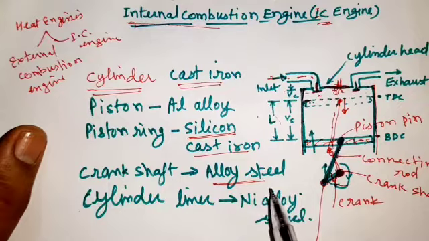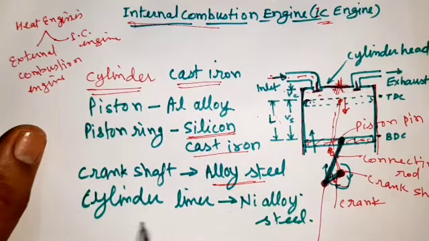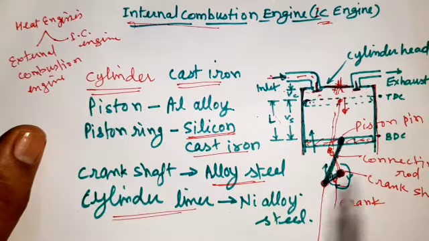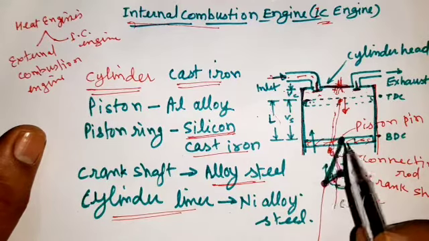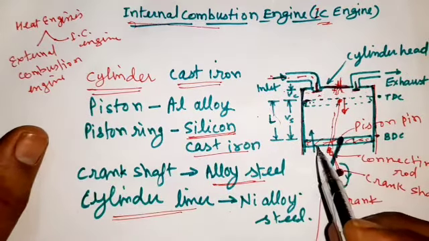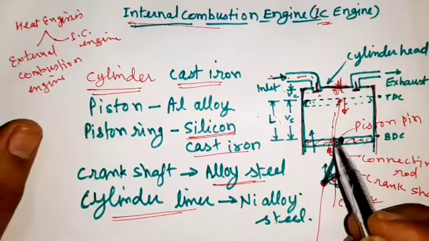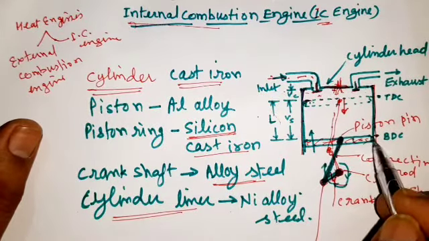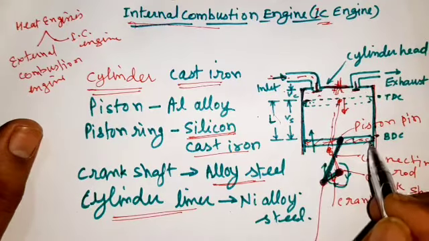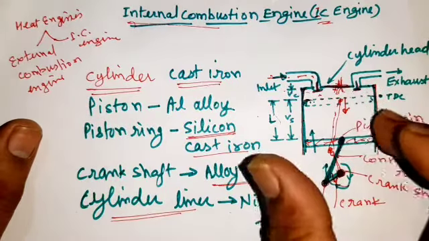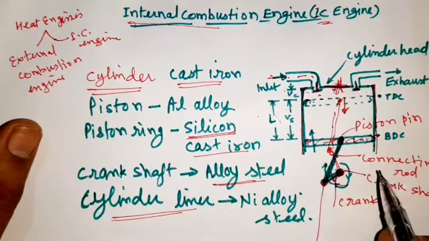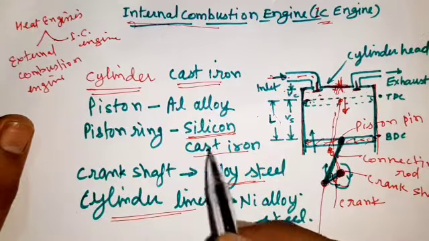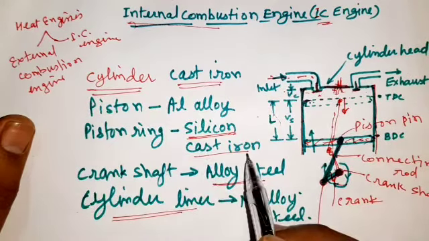And the cylinder liner. To reduce the losses from leakage, we provide piston rings between the piston and cylinder, or we can say to pack the gases, and these piston rings are made of silicon cast iron.